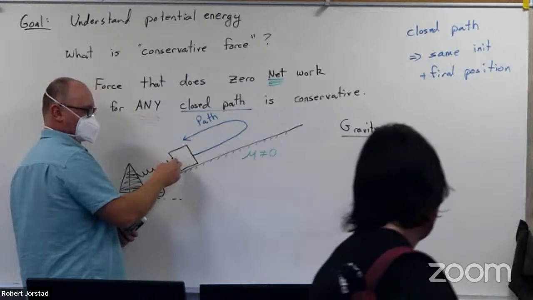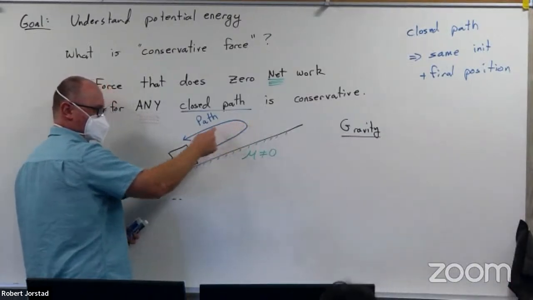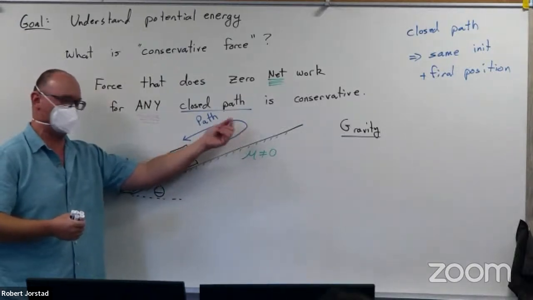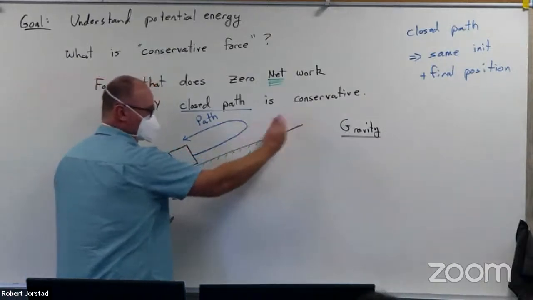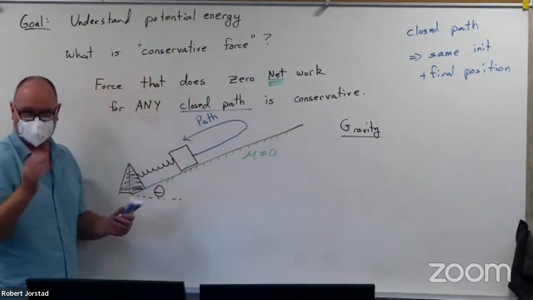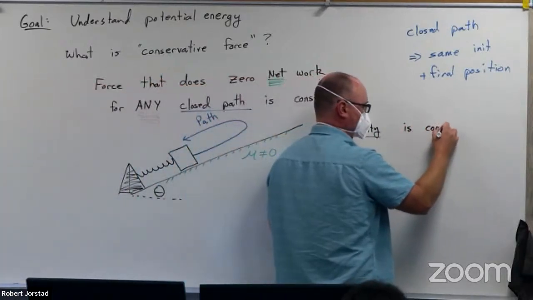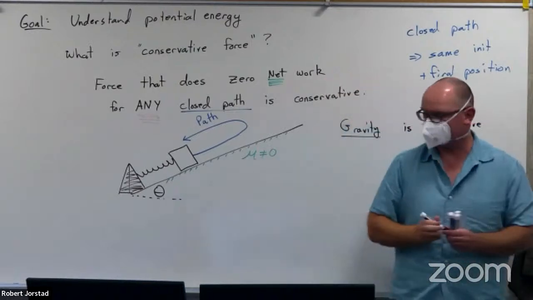And do you agree I'm going to do the same amount of work on the way up as down, except on the way up it's negative, on the way down it's positive? Yeah. And that's going to be true whether I go up a little bit or a lot or somewhere in between. Gravity is conservative. It is a conservative force.